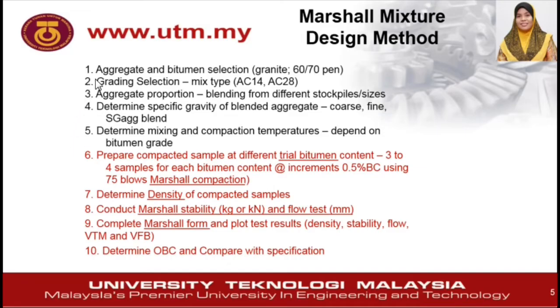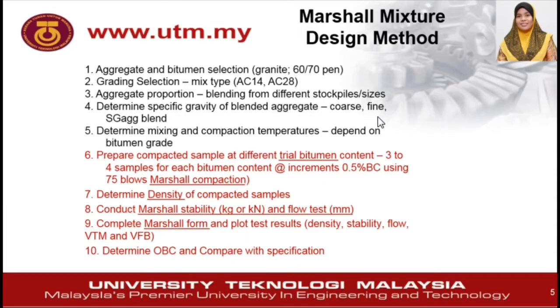For example, the granite aggregate and 60-70 penetration bitumen. Then, grading selection, which refers to the mix type, whether it's AC10, AC14 or AC28. And then, aggregate proportion, which is determined from the blending of aggregate from different stockpiles or sizes.